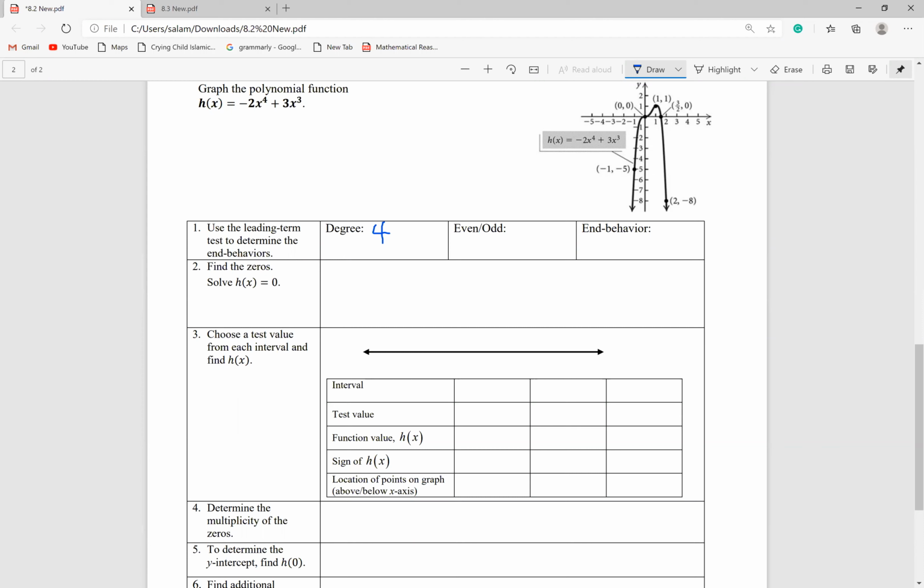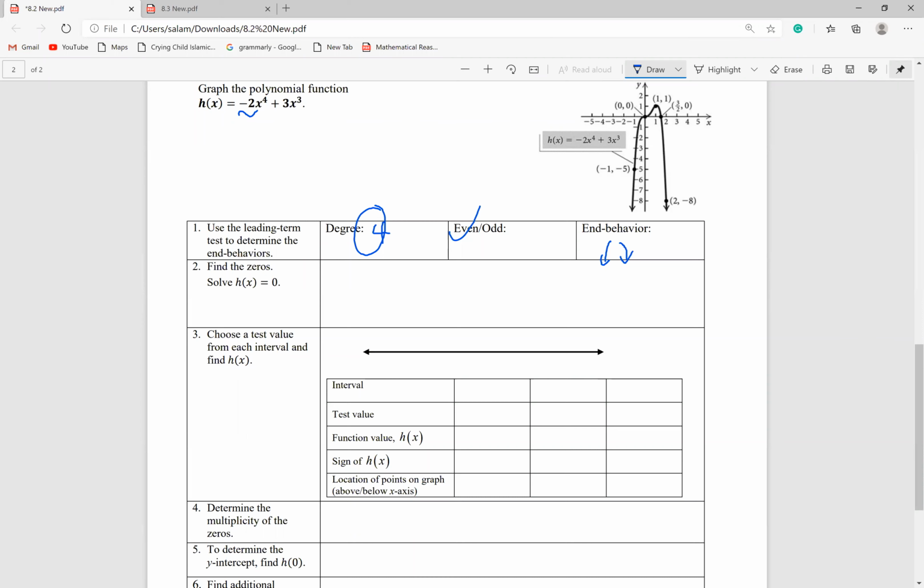When you look at 4, it's even. When we look at the coefficient, we see this is negative 2, which just gives us a hint of what our graph is going to look like.